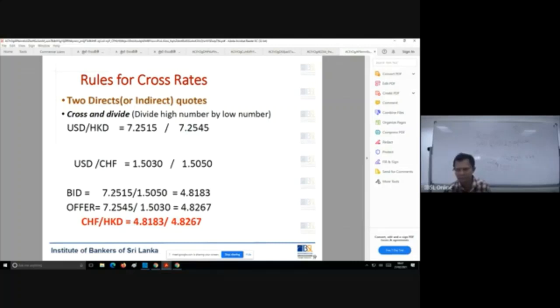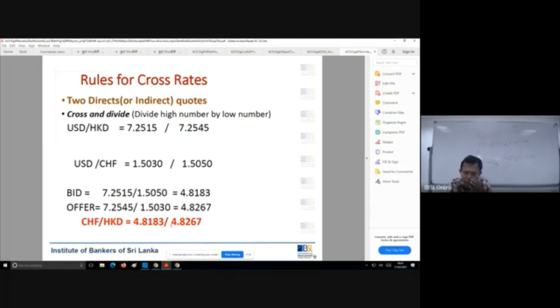That's easy, right? How do you decide? Here USD is common. So how do you get the answer? Cross and divide: 7.2515 divided by 1.50. This should be divided by this. Then you have the answer here.